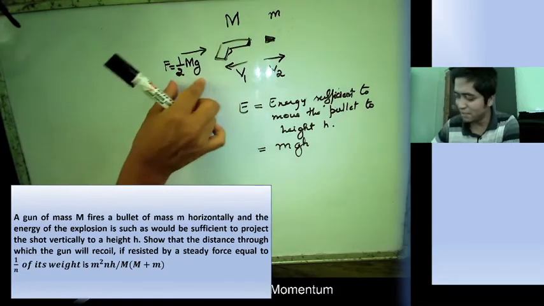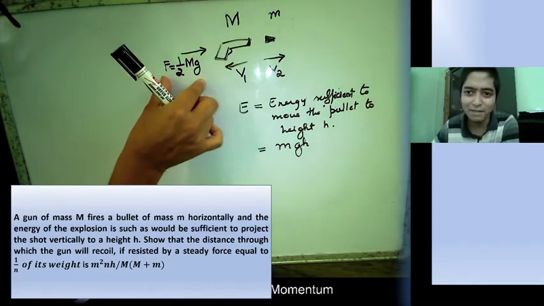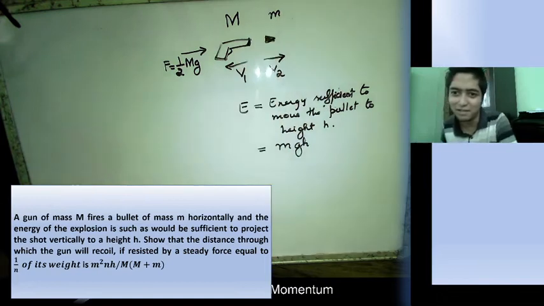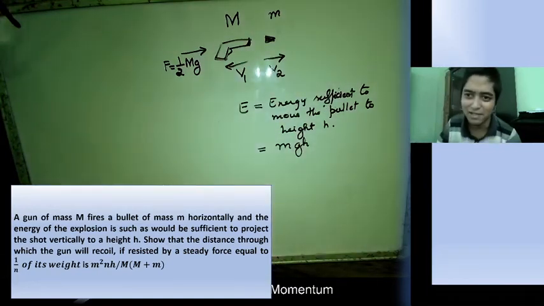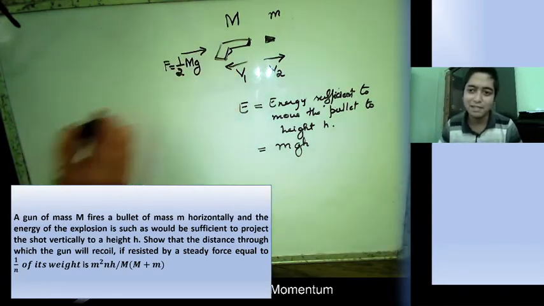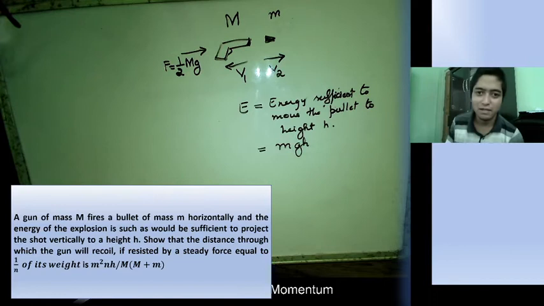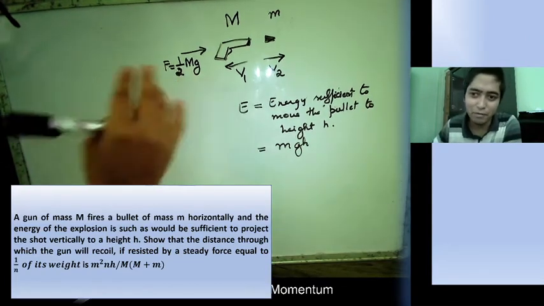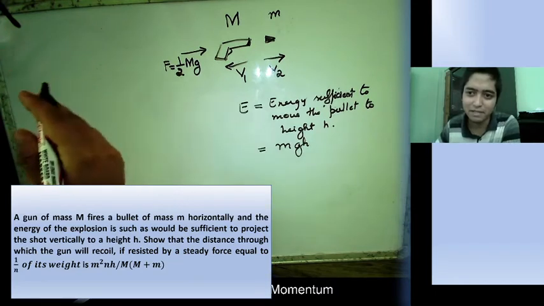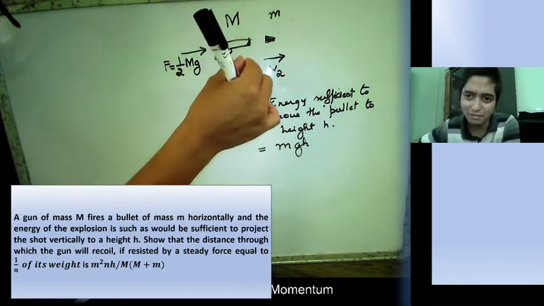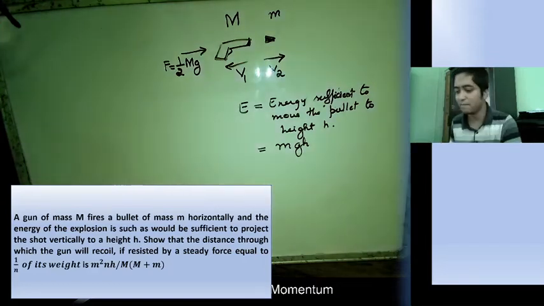You must remember that this force only acts after the explosion, after the shot has been fired. It doesn't come into play before or during the explosion, only after there is a recoil velocity.